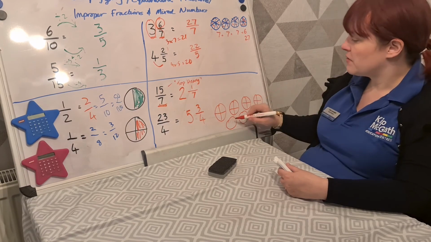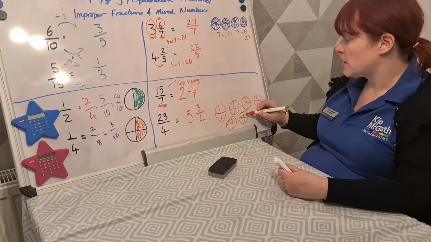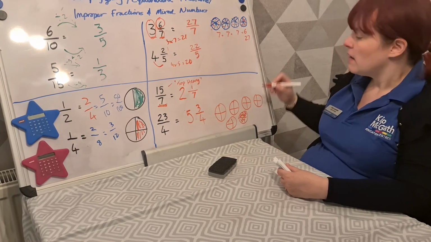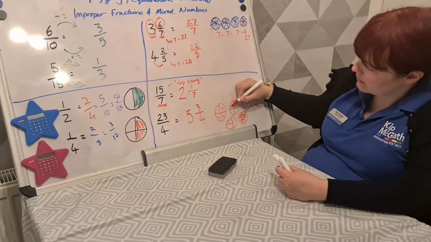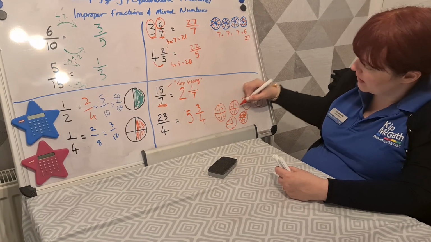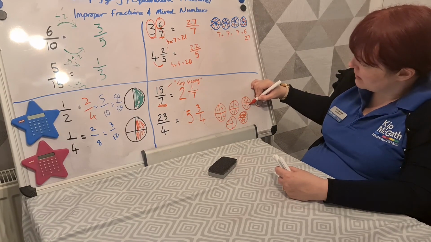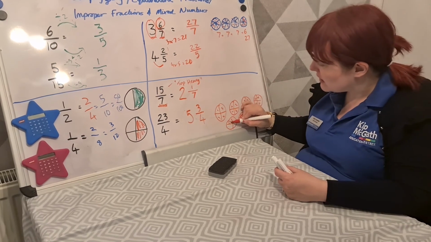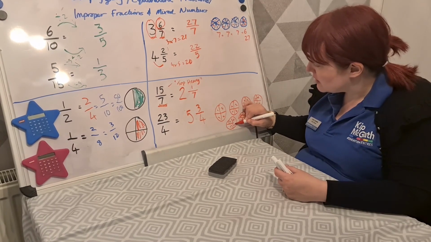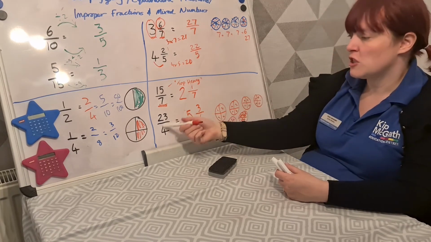So I think my answer is 5 and 3 quarters. So colour in the 3 here and count them up. So 1, 2, 3, 4, 5, 6, 7, 8, 9, 10, 11, 12, 13, 14, 15, 16, 17, 18, 19, 20, 21, 22, 23, which is what we had.